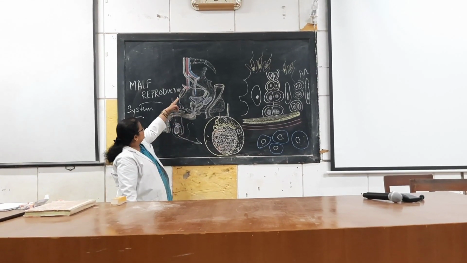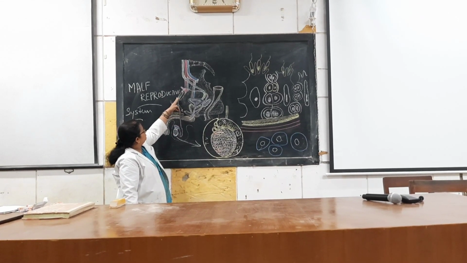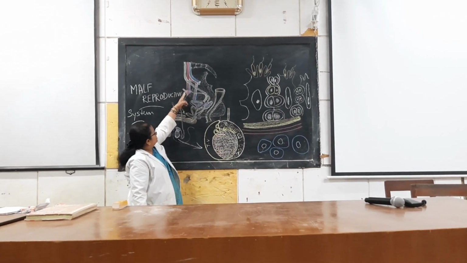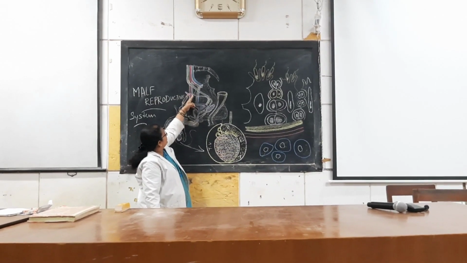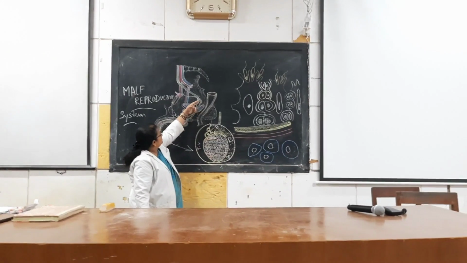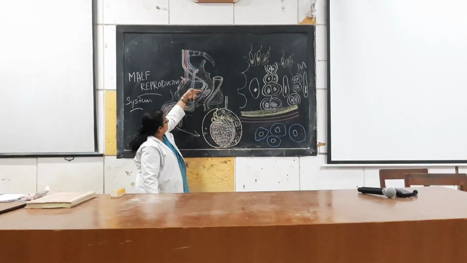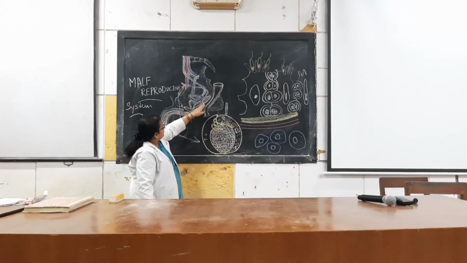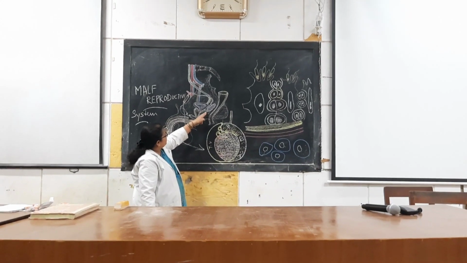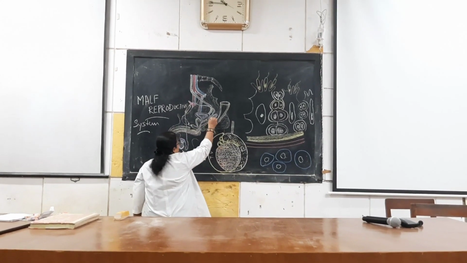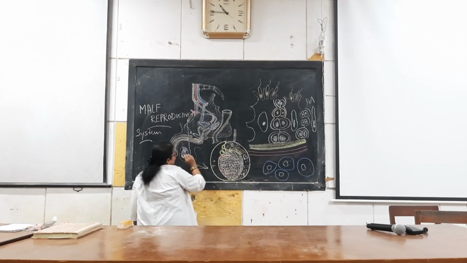It enters the spermatic cord, goes behind the ureter, then comes here and joins with the duct of the seminal vesicle. So this is the seminal vesicle.